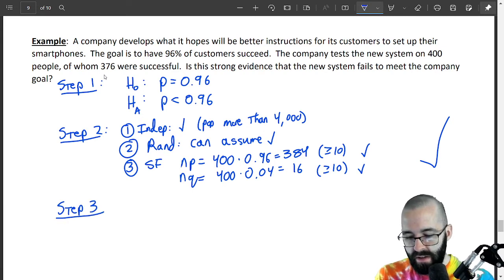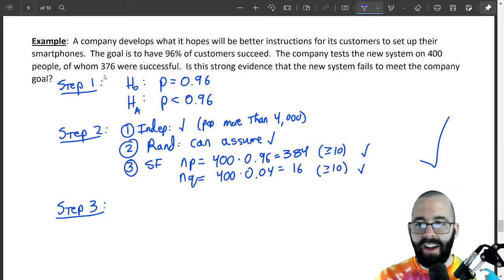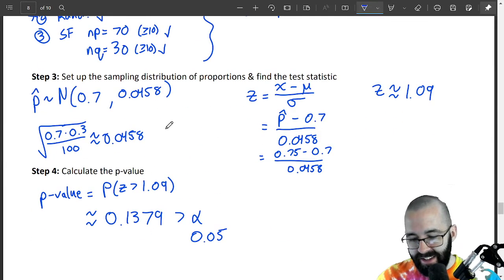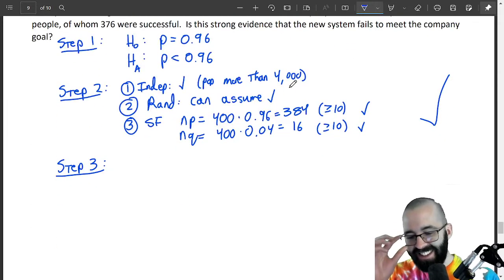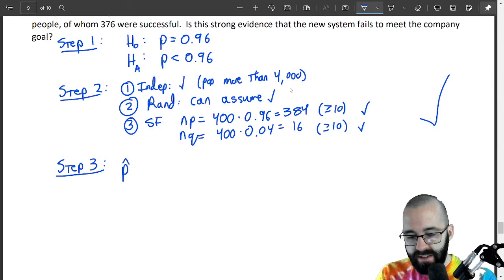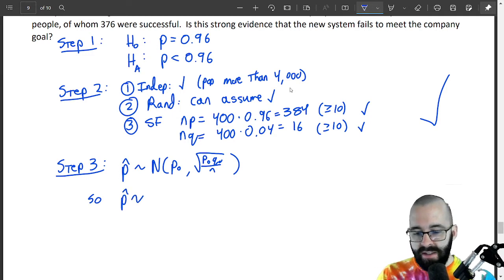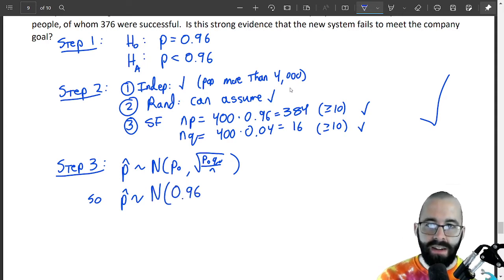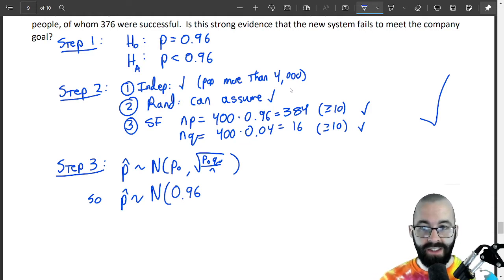Step 3, I hope I'm remembering these steps right. It was the sampling distribution and the test statistic, right? Yeah, there it is. Great. So p hat is going to be normally distributed with mean p naught and standard deviation the square root of p naught q naught over n. Every time we do this test with 400 people, our average is going to be our assumption, assuming our assumption is correct, and we're testing whether our assumption is correct.